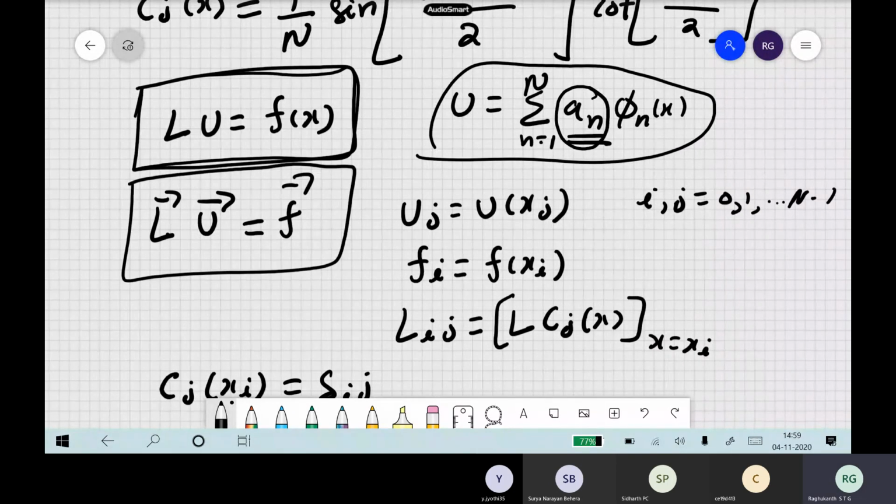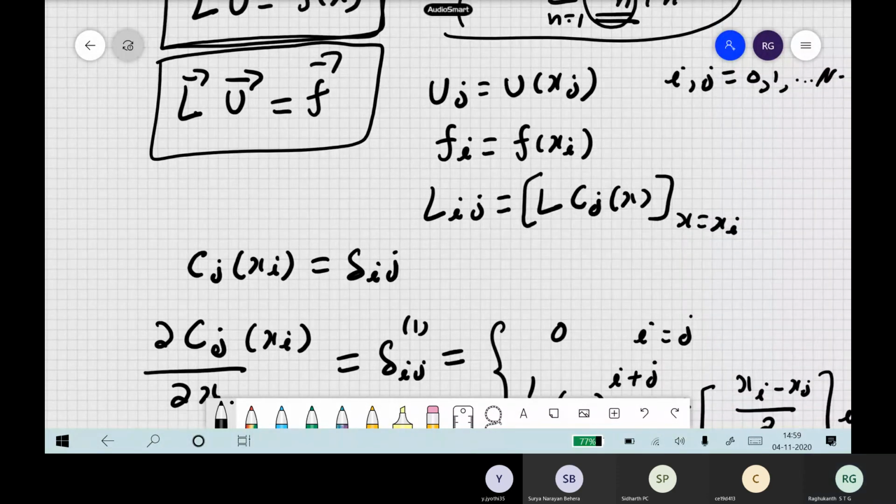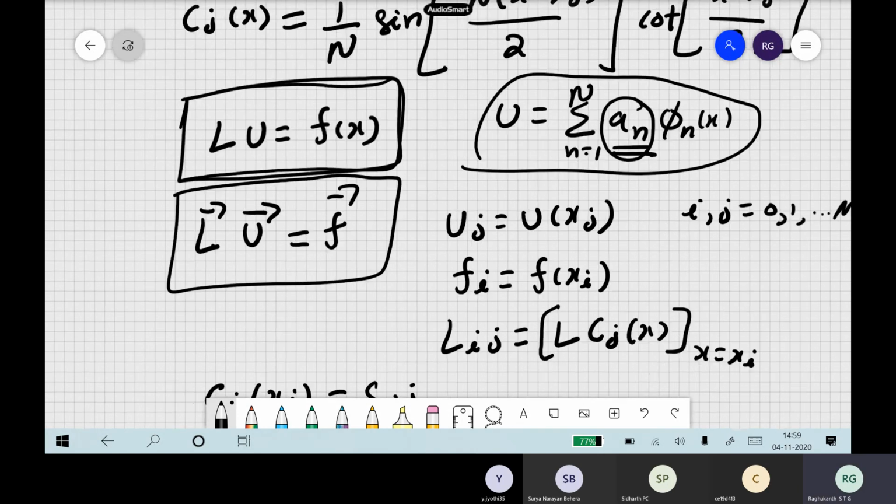Now what are the unknowns here when you write in terms of cardinal functions? Come on, what are the unknowns here? I hope you people are following, right? What are the unknowns here?